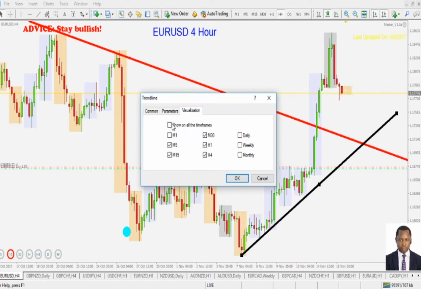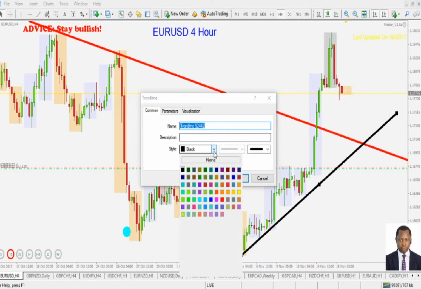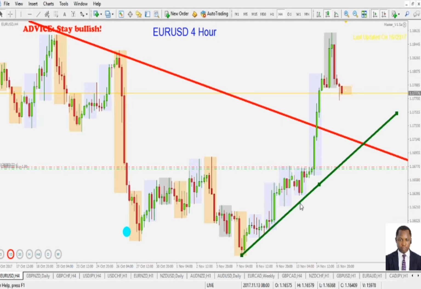Let me change the color of that trend line. Okay, you want to be very accurate with your trend line, connecting the focal points right here. So if price is able to drop back down somewhere in there, that is the point of support to look for long entries.